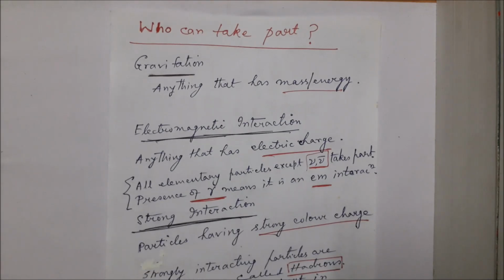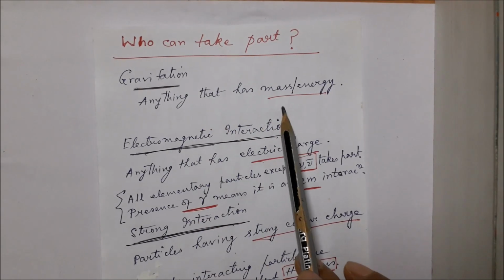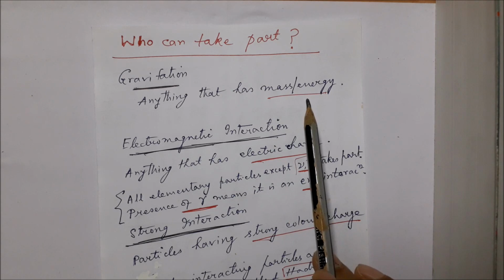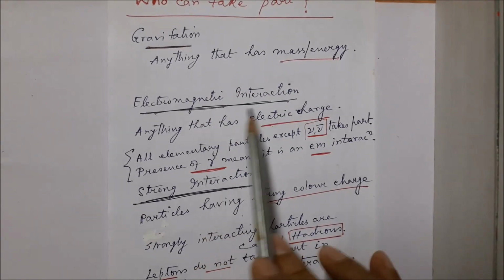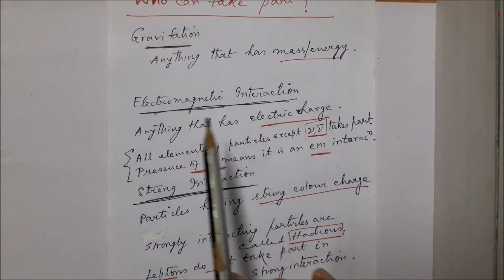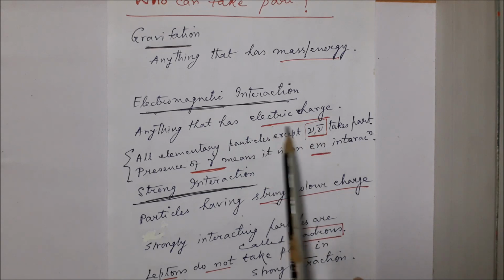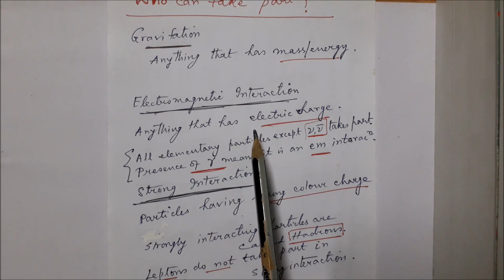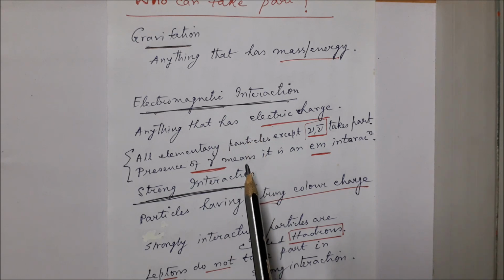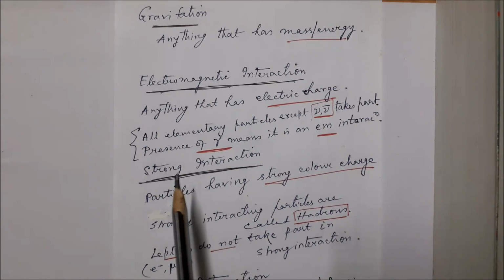We first take up the case of gravitation. Anything that has mass, anything that has energy can show gravitation. Now, what about electromagnetic interaction? It's equally easy to predict. Anything that has electric charge can show electromagnetic interaction. Let us give an interesting and useful piece of information here.